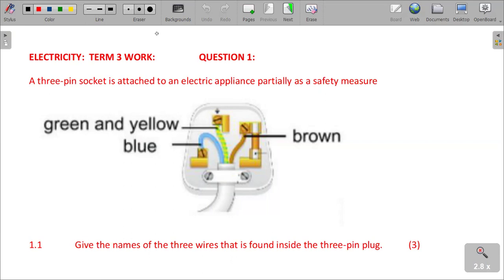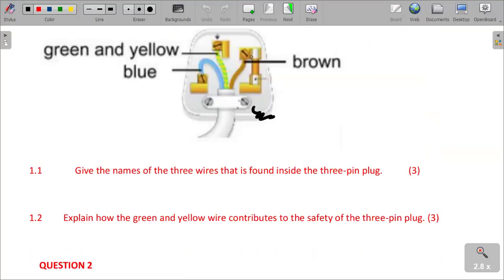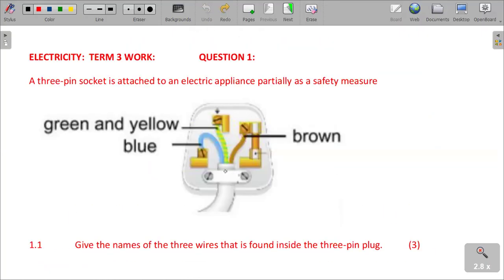Where does the power come from? It comes from the powerhouse. So now let's quickly answer those questions.